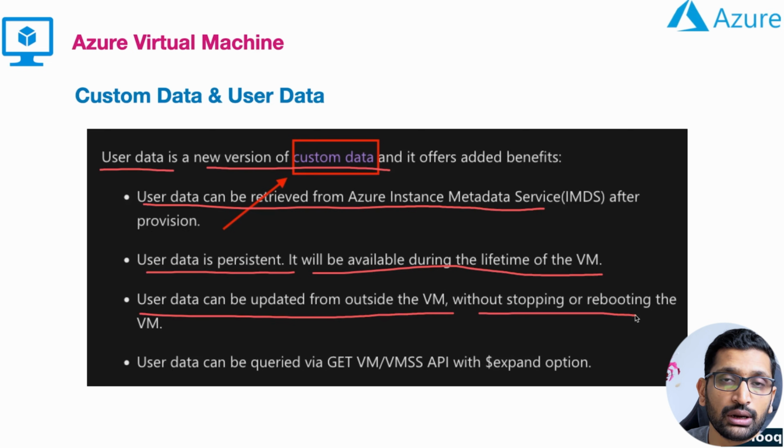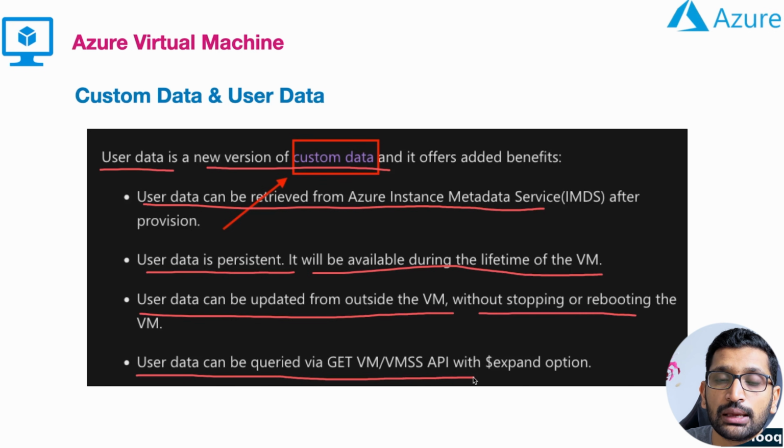That's a new advantage which you get with the user data. With the custom data, this feature was not available, but the user data has the capability to update while you are running the virtual machine, and you can use command line tools to supply the user script which you want to install onto that virtual machine with the help of user data. Also, user data can be queried using the GetVM VMSS API, which is really suitable if you want to do troubleshooting.